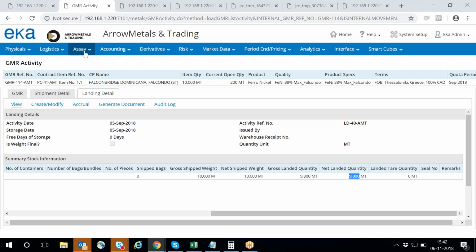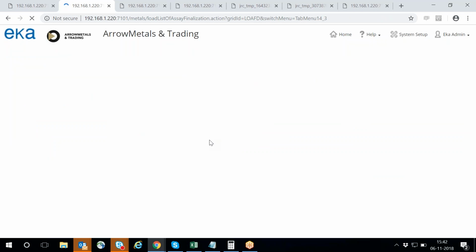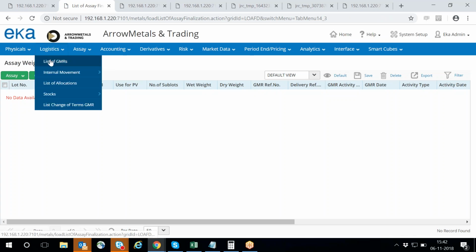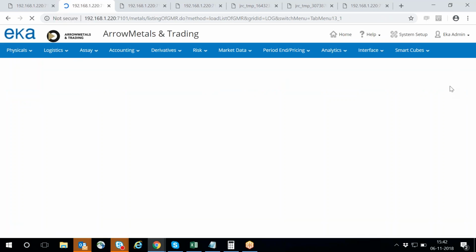Right. Okay, but then weighing and sampling is a separate operation which creates new stock in the system. So if I open, okay, we don't have any weighing and sampling here. Just a second.